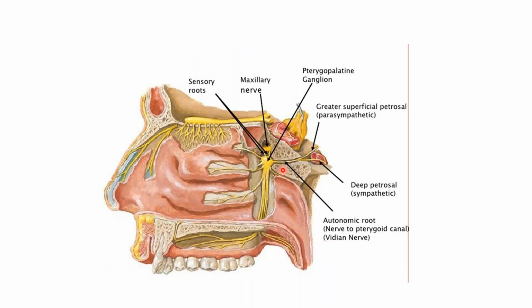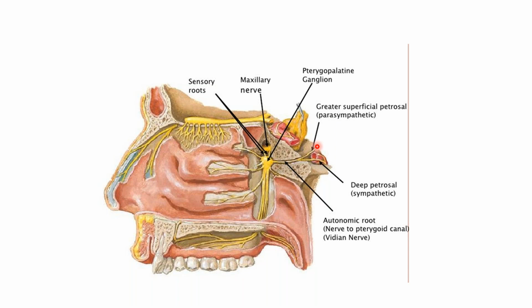To make it further simpler, let us see in this picture. This is a sagittal section through the nasal cavity and the oral cavity. In the posterior part over here, you can see this is the area of the pterygopalatine fossa, and this is the pterygoid canal I was talking about.